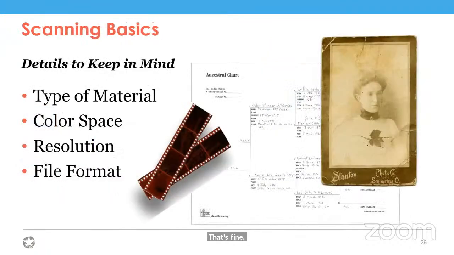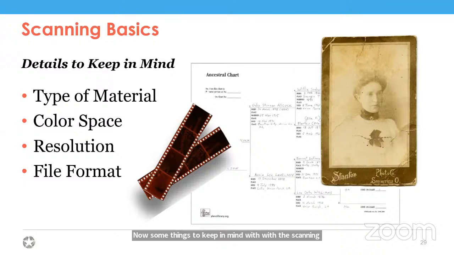Now, some things to keep in mind with the scanning: the type of material, the color space, resolution, and the file format. And bear with me, we're going to run through this and hopefully not confusing, but I will entertain questions at the end here. So you're looking at these spaces.